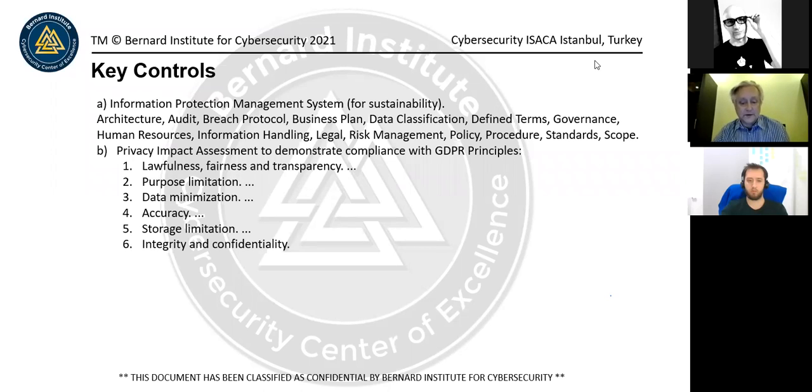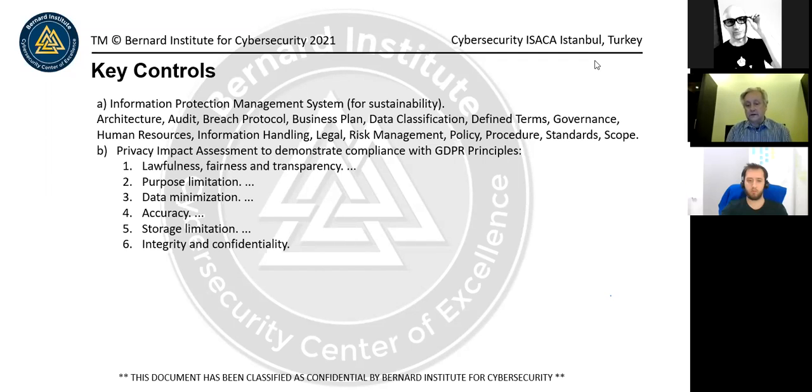Privacy impact assessment really needs to demonstrate compliance with the principles of personal information. Now, if you've done privacy impact assessments before, usually they have an opening. They say, here's the type of information we're collecting, and here's what we're going to be using that information for. And then if you check the box that says that, yes, we do collect personal information, then there's going to be more questions.